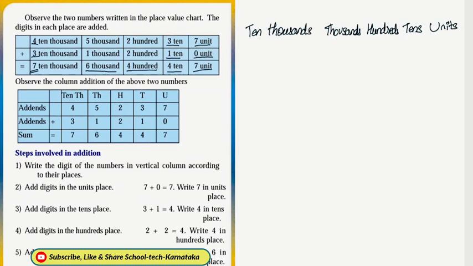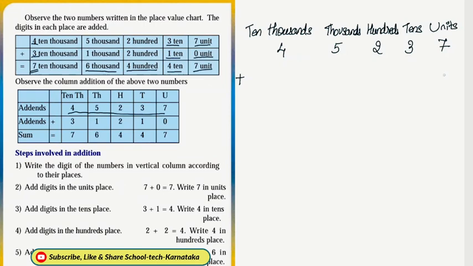So for this number we have at units place 7, at tens place 3, at hundreds place 2, at thousands place 5, at 10,000s place 4. That is 45,237.